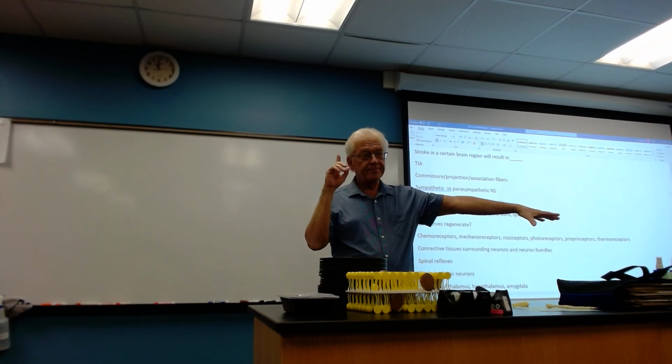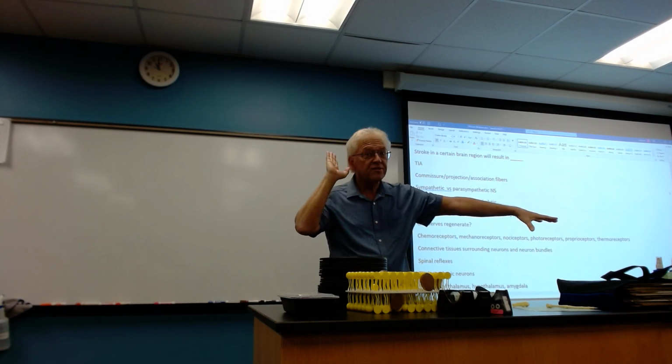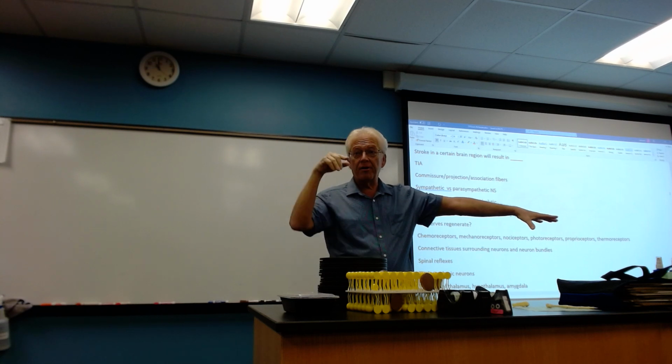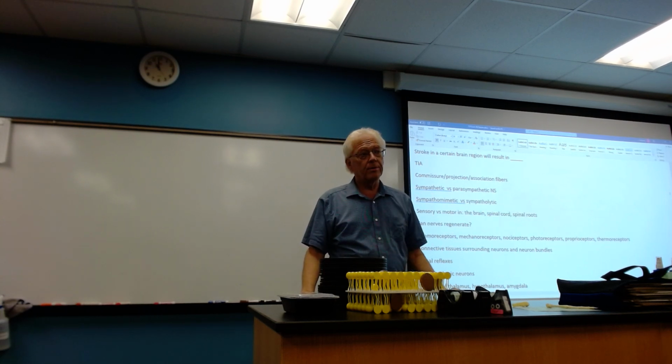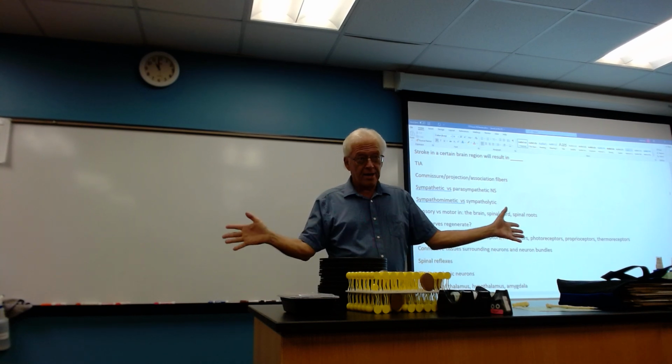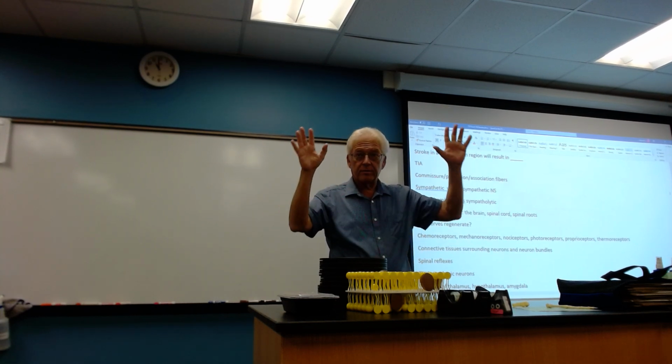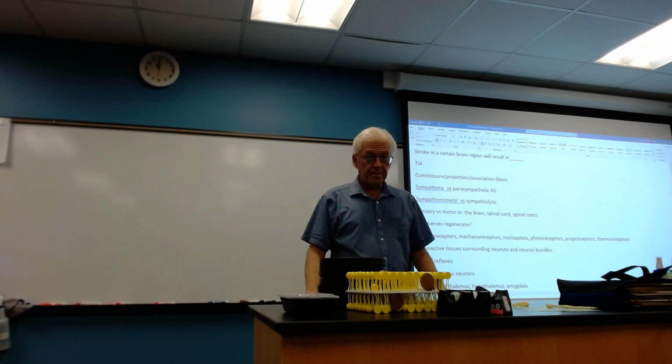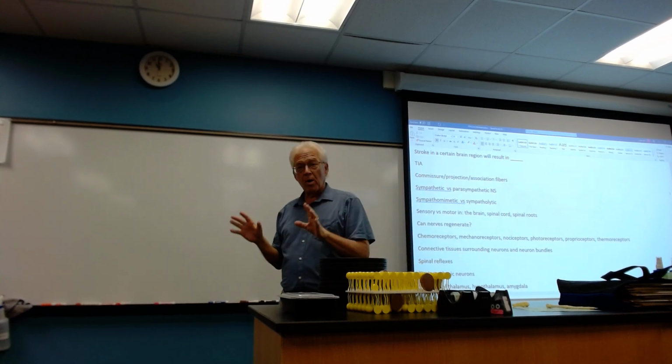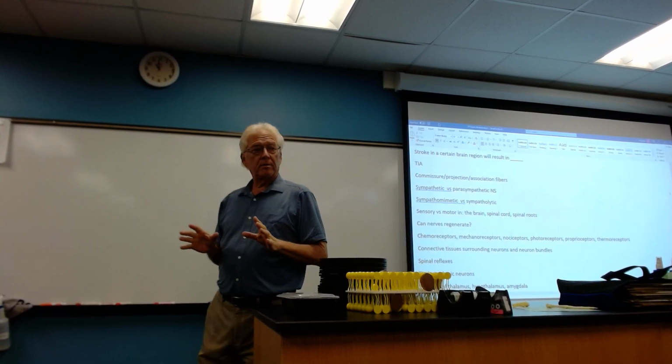Motor, so it's what? Gyrus. Which gyrus? Pre-central gyrus. High or low? Low. Because the little man is upside down, remember? The hands come before the legs. Are you with me? That's what we're talking about. Okay?